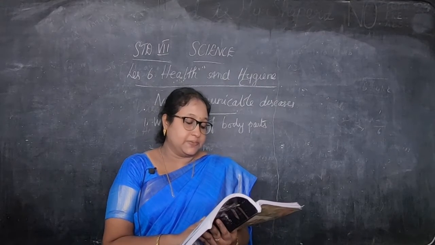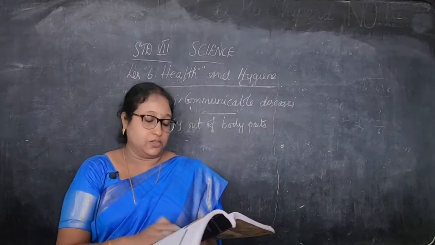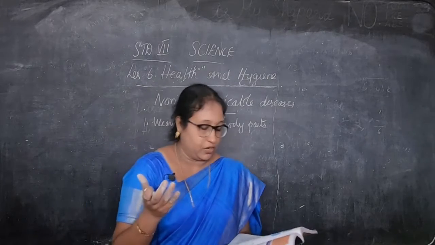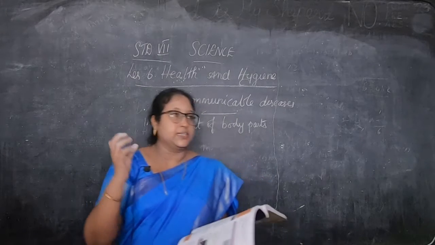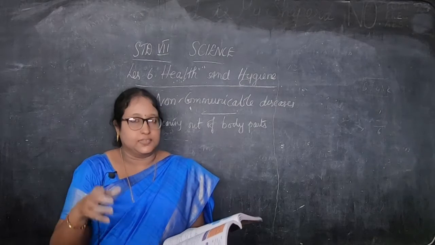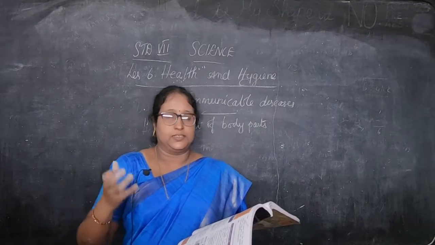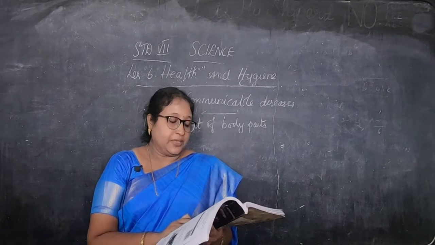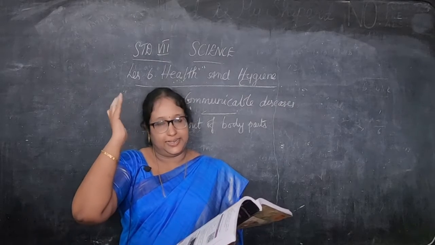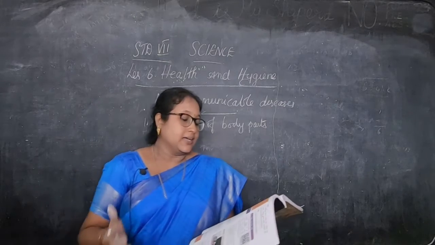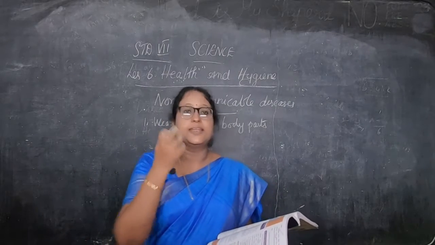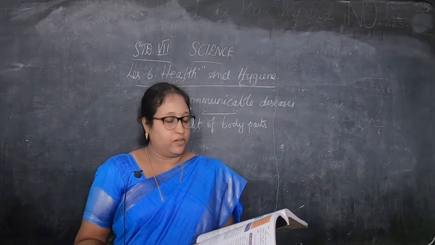Epileptic seizures, a nervous system disorder where the brain becomes abnormal. Then stroke. Then migraine headache, that is one-sided headache. Cataract, which affects the eyes, and cancer. So these are the wearing out of body parts.